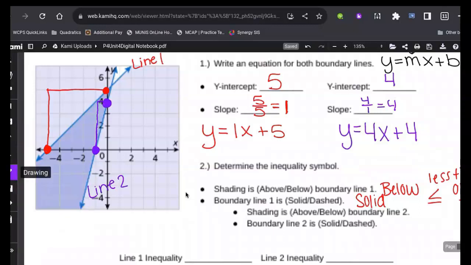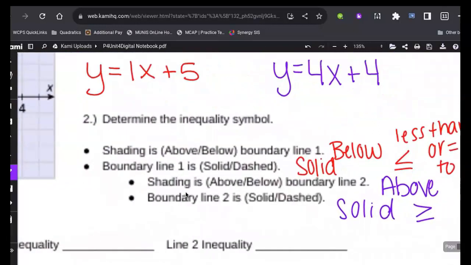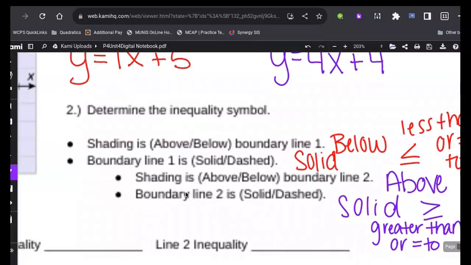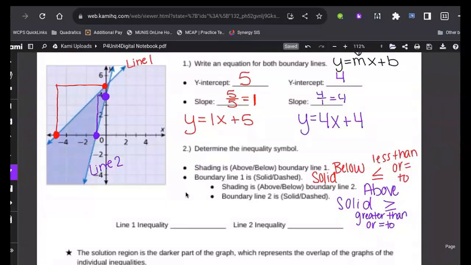And then for line 2, the shading is above the line, and it's also a solid line. So instead of less than or equal to, we're going to use greater than or equal to. So for line 1, we use the less than or equal to symbol, and for line 2, the greater than or equal to symbol.